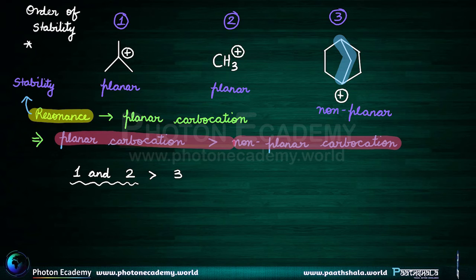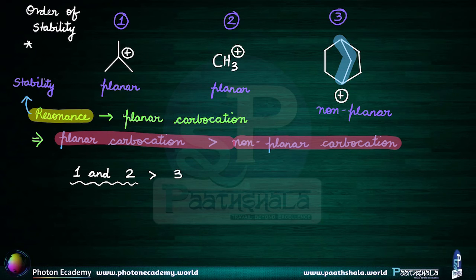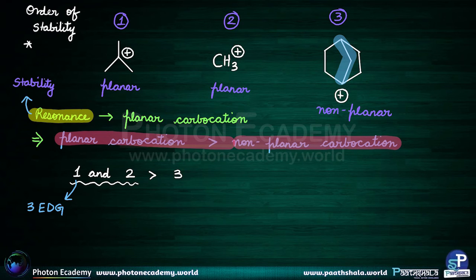So now we have to decide between 1 and 2 which one gets the crown of stability. In 1 and 2 we can see that the first one has 3 electron donating groups, because there are actually CH3 groups attached over here, 3 CH3 attached.